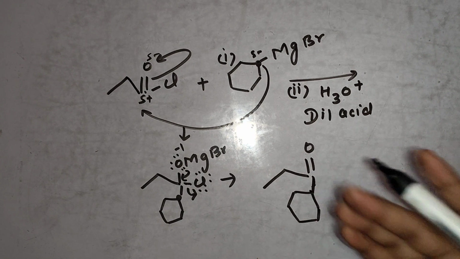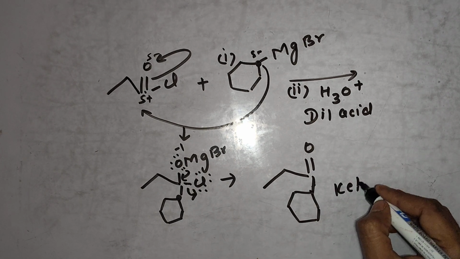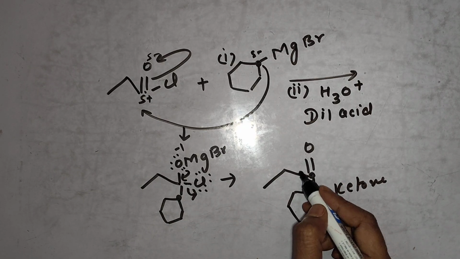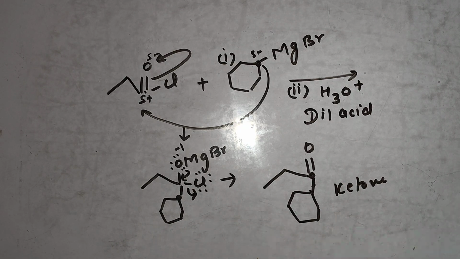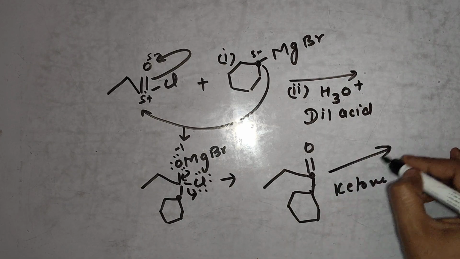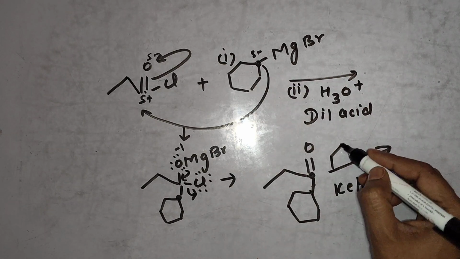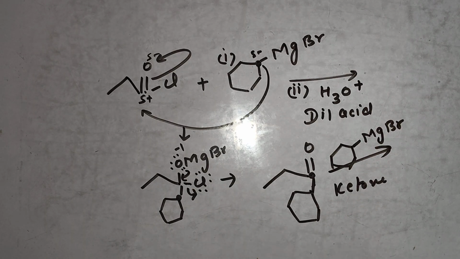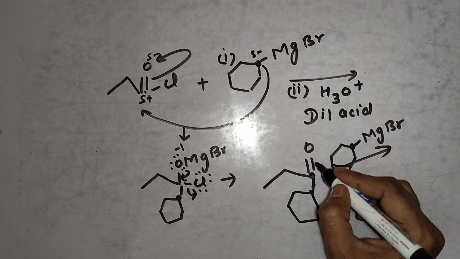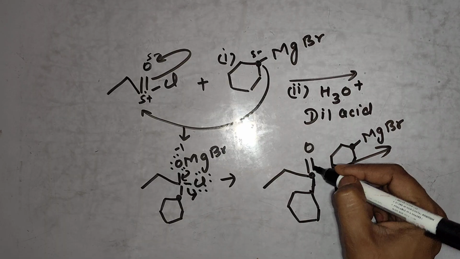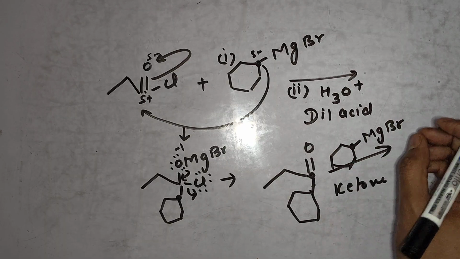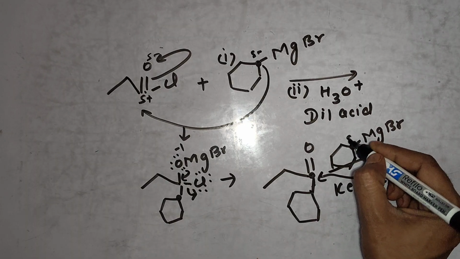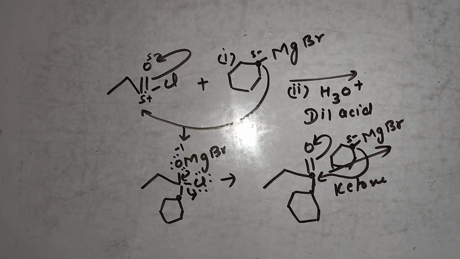this. What is this? Ketone. This is the carbon, O and 2 R groups are there. This is ketone. Now this ketone will again react with the same Grignard reagent, MgBr. Because we still have a carbonyl group, it can react with Grignard reagent in the same fashion. It will attack on this carbon because this carbon is negative, pi electrons will shift.